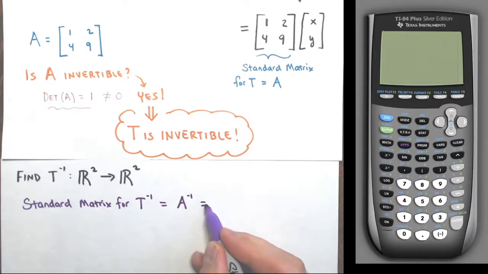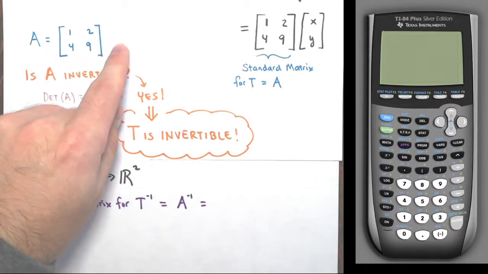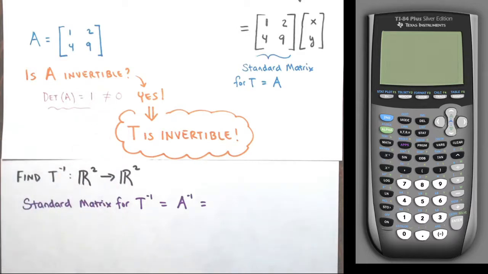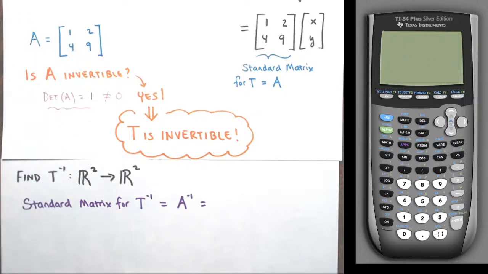For a 2 by 2, you could adjoin the identity matrix 1, 0, 0, 1, and put it in reduced row echelon form, and then the right half will be your A inverse. You can also make the adjoint matrix and all that, but this is a simple 2 by 2.